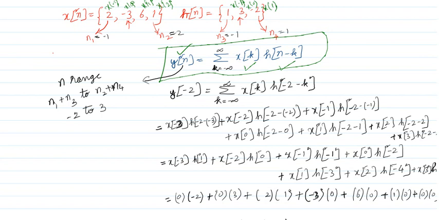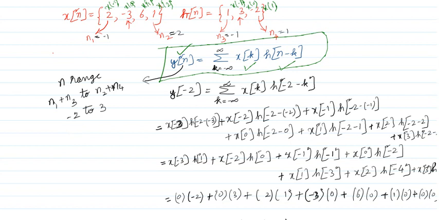Now to find the range of the output, I am adding the negative range of the input and the negative range of the impulse response. What is the negative range of the input? Minus 1. What is the negative range of the impulse response? Minus 1. So it is minus 2, n1 plus n3.